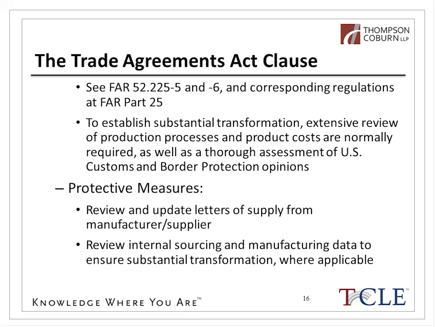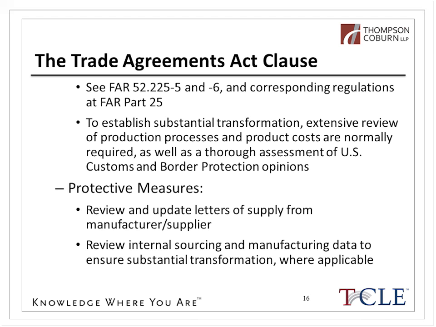Protective measures that contractors can immediately take to minimize liability under the Trade Agreements Act: for those relying on suppliers who are providing products and services, make sure you review and update your letters of supply from the manufacturer or supplier.